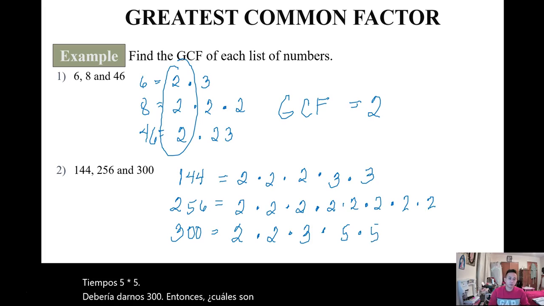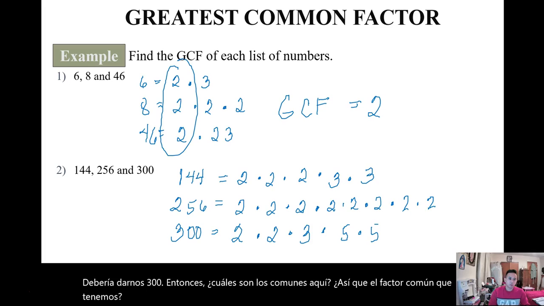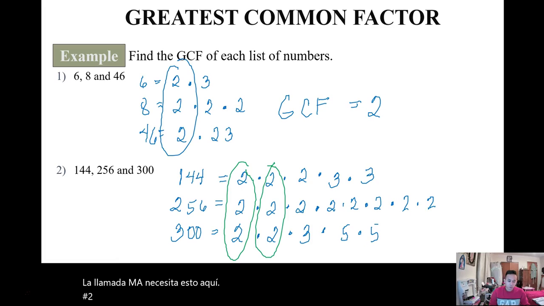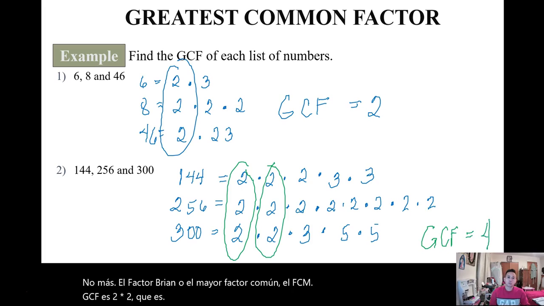The common factor that we have is this 2 here, another 2, no more. So the greatest common factor, the GCF, is 2 times 2, which is 4. Okay, so those are our examples.